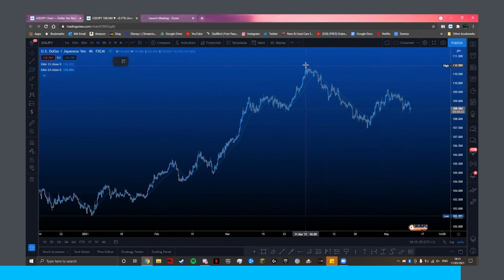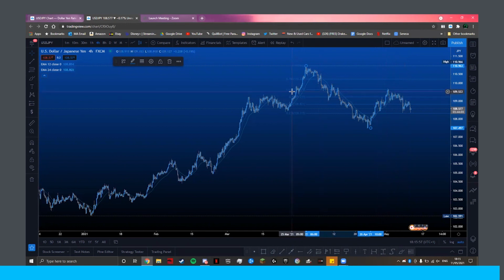This time I'll be doing it from high to low because it's bearish. So from high to low. And again, notice how the horizontal line acts as areas of support and resistance. And in this case, the retracement came as far in as the 61 mark there.